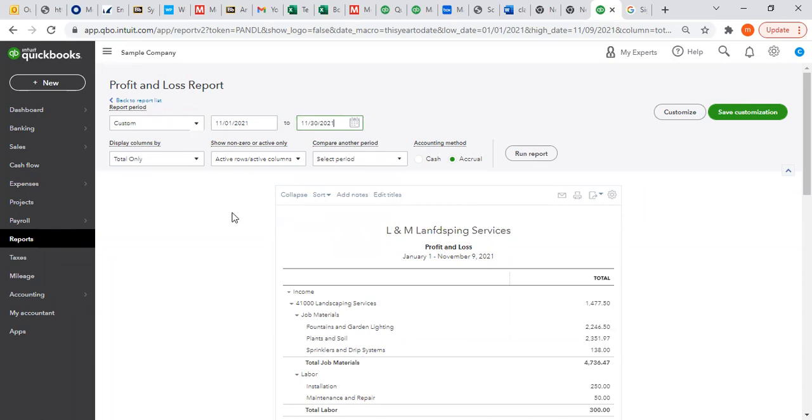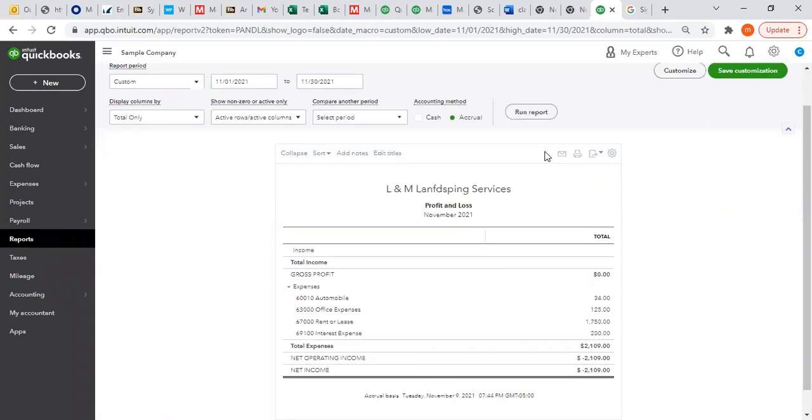What do you think I'm going to get? If I run it, I get a loss, only a loss of 2109, because we wrote only checks. We did not have any profit, no income whatsoever. So it's a loss of 2109. And you will see the expenses that you did. Office expense, the rent, and the interest expense. Automobile came with a program, so ignore that one.